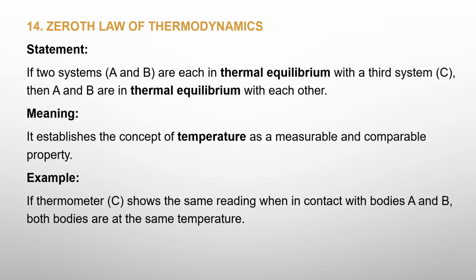Now we have to talk about the zeroth law of thermodynamics. Here thermal equilibrium will come into the picture. So what do you mean by thermal equilibrium? When there is no temperature difference between system and surroundings, or the system and surroundings are both at the same temperature. So what is the statement of the zeroth law of thermodynamics?